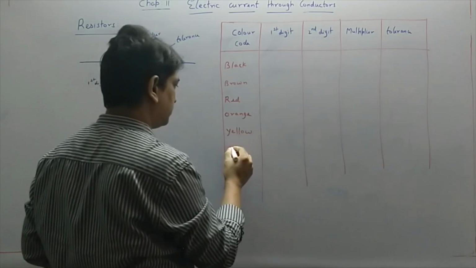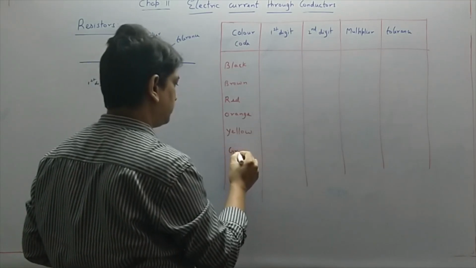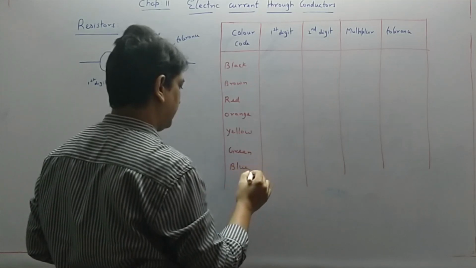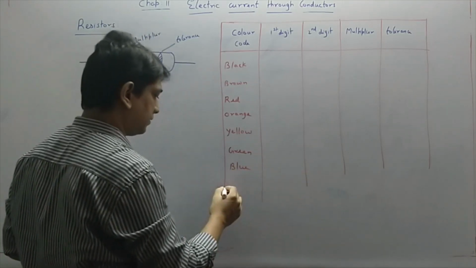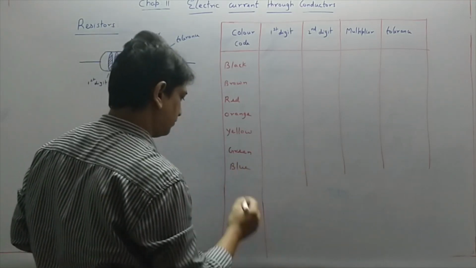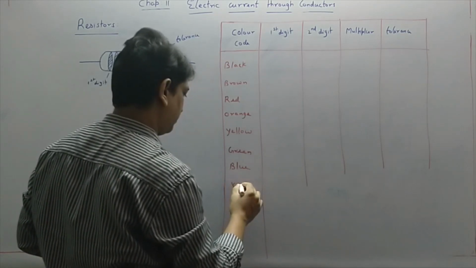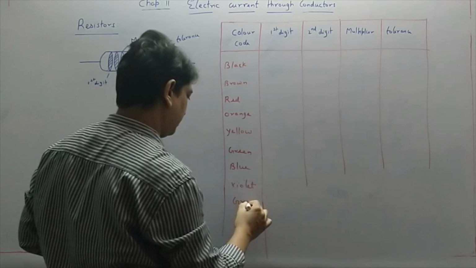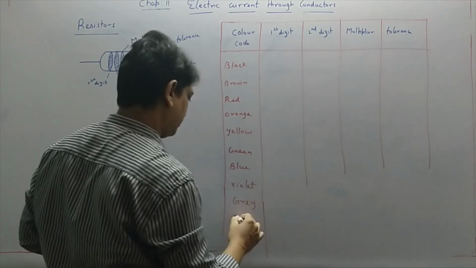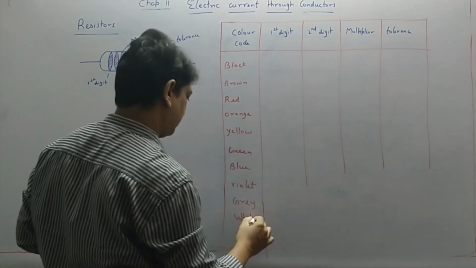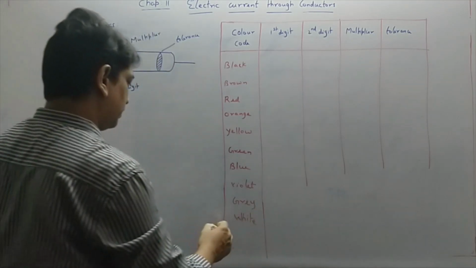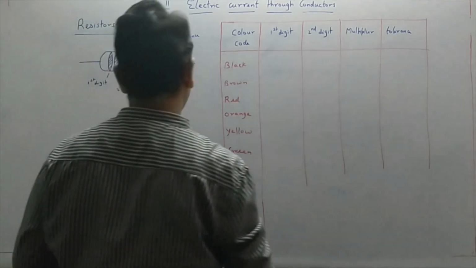Great Britain means here we are having green, and Britain is blue. Has, just forget about has, very good wife: violet, grey, and this is white. We can see three more colors here. Just one minute.